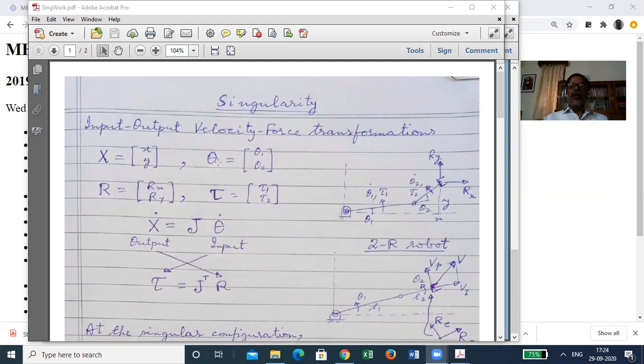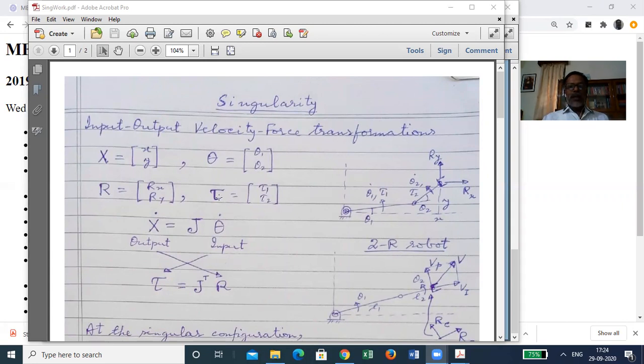Theta vector has two components, theta1 and theta2. Okay. So the end effector forces will be Rx and Ry, no talk of moment because we are not controlling it in the angular coordinate.